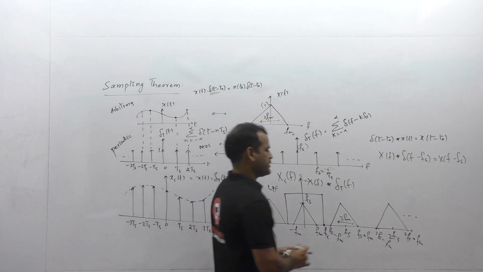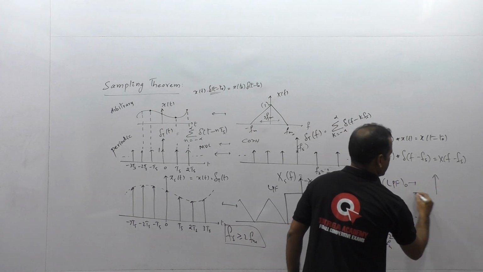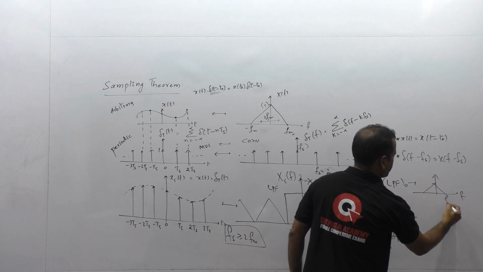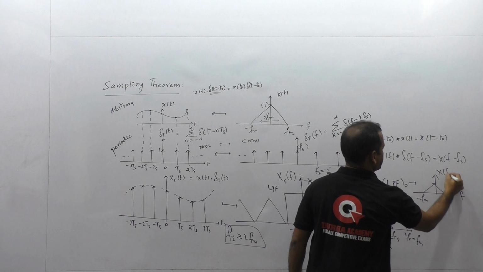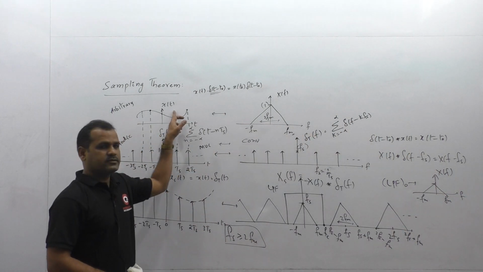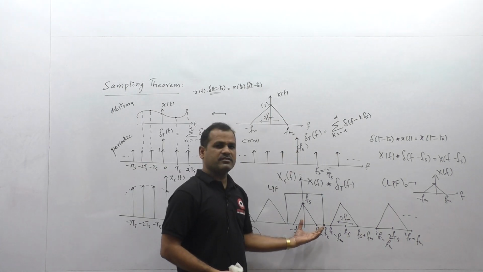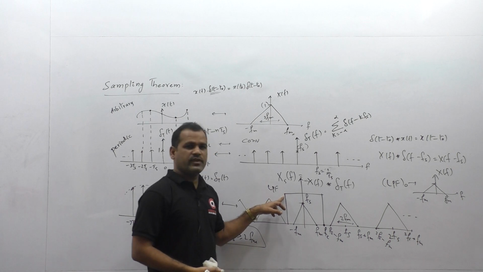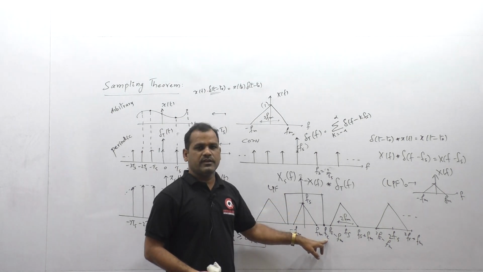So the low pass filter output is having highest frequency component Fm, and this is nothing but x of f, which is the original signal we considered for sampling. Like that, we can reconstruct the original signal from the sampled signal by using a reconstruction filter, a low pass filter of appropriate cutoff frequency.